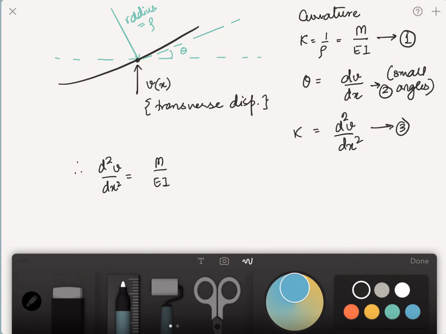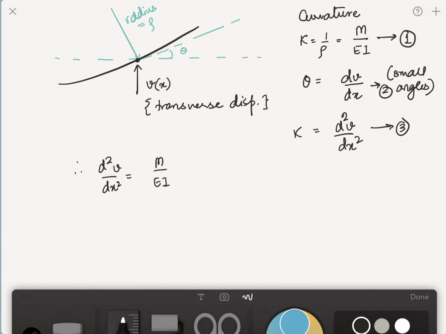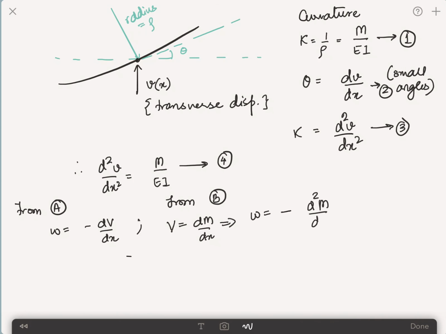Let's call this equation 4. Now we know from equation A, which was right here, that w is equal to minus dV/dx, and from equation B we have V is equal to dM/dx, which implies that w is equal to minus d squared M/dx squared.